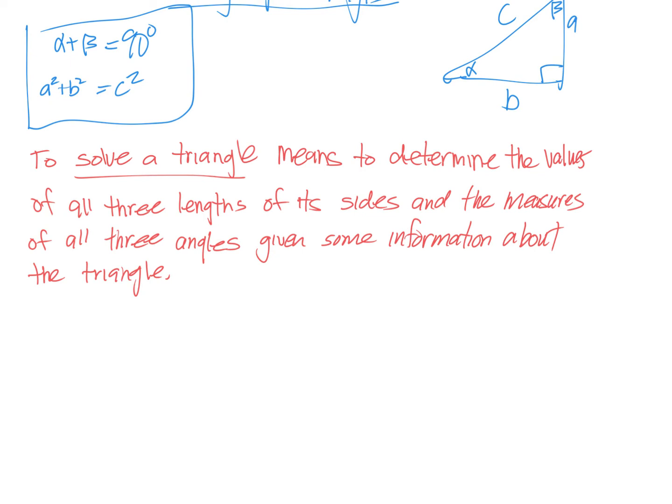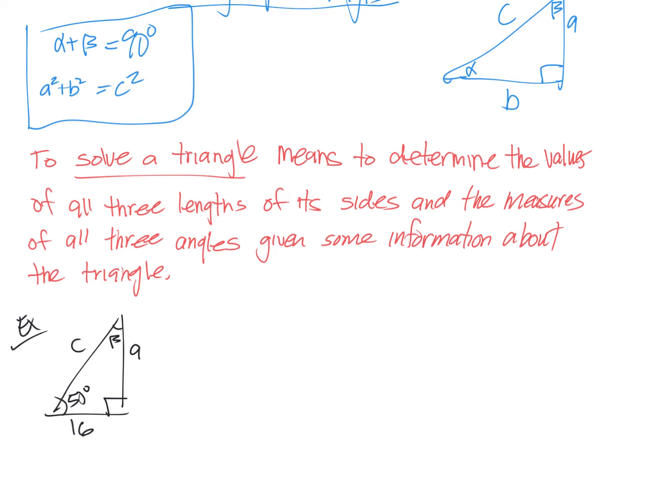So, for example, we have a right triangle where the base side is 16, the opposite side is a, our hypotenuse is c, we have an angle on the bottom, 50 degrees, and our angle on top is beta, and we're asked to solve the right triangle.